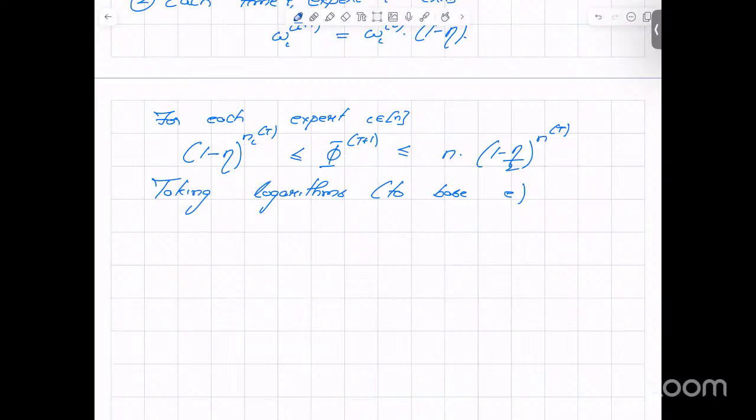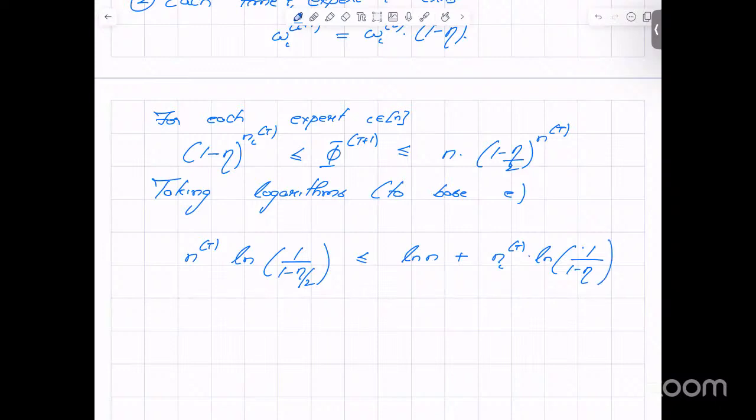So what do we have? We have nt into ln of 1 minus eta by 2 is less than or equal to ln n plus ni of t into ln of 1 minus eta. All right.